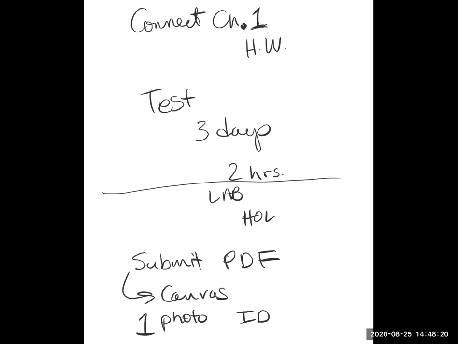SIS, that's the login for TNCC where we pay for our classes. I don't know. You mean at the bookstore? Oh, is the lab thing a book?